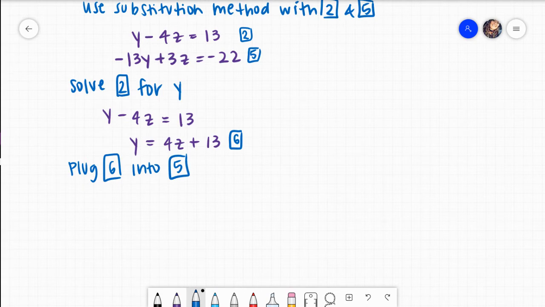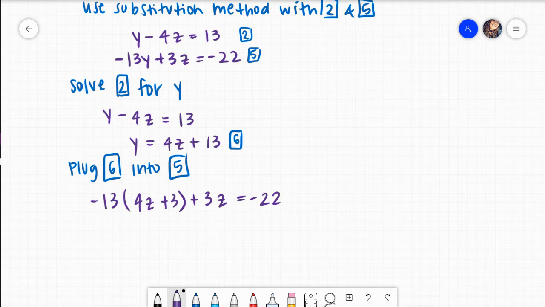Technically what I'm doing is just replacing the y value, right? So I get negative 13 open, my y I just now found to be 4z plus 13, close, plus 3z equals negative 22. Now, if you notice here, all that I have is just one variable, which is great because that means I can actually go ahead and solve for z, right?